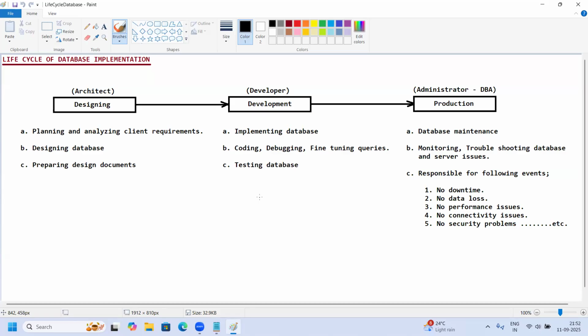That IT company will put him in touch with an architect. Whatever he requires in his business, he'll explain to the architect. So it is the work of the architect to plan correctly and analyze correctly what the client requires. Based on that, he has to go for designing.